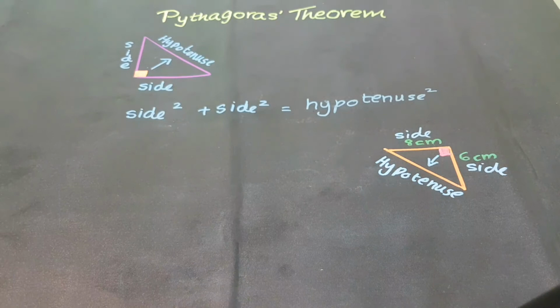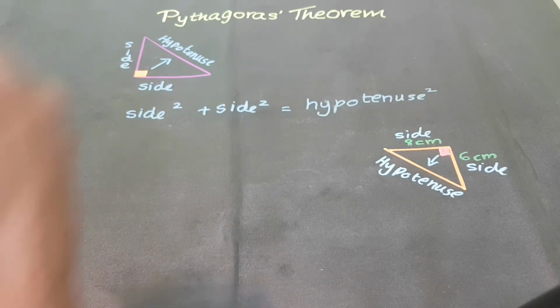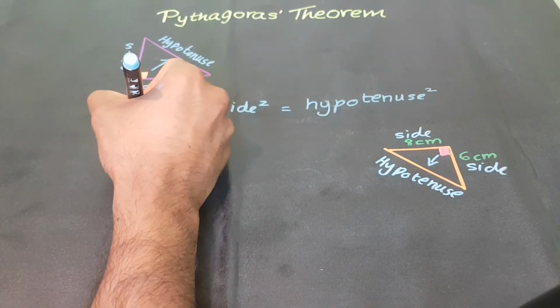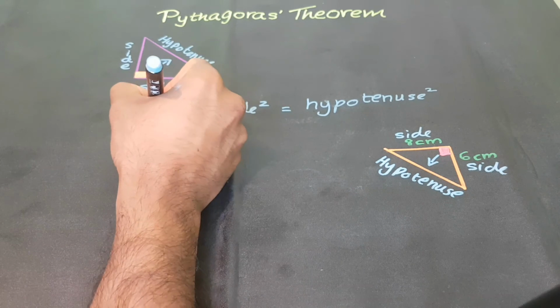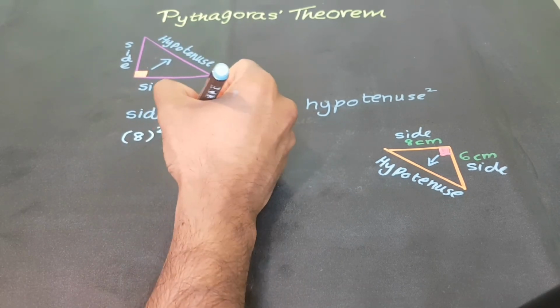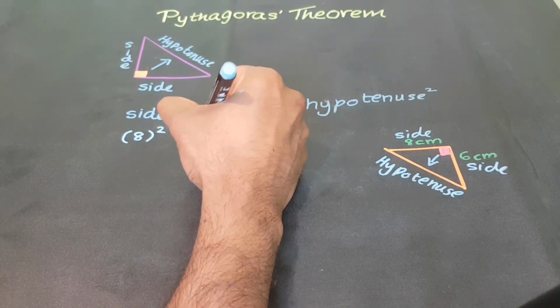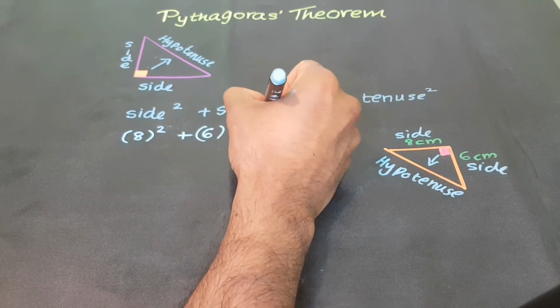And I've got the formula over there. Side squared plus side squared is equal to hypotenuse squared. So I'm going to substitute in the values. The first side is 8 centimeters, again in brackets. The other one is 6 centimeters in brackets. And that's equal to h squared.